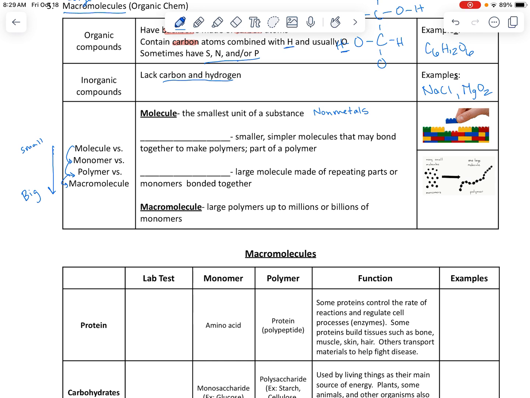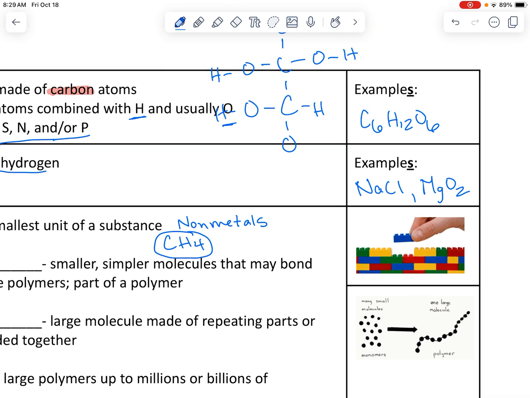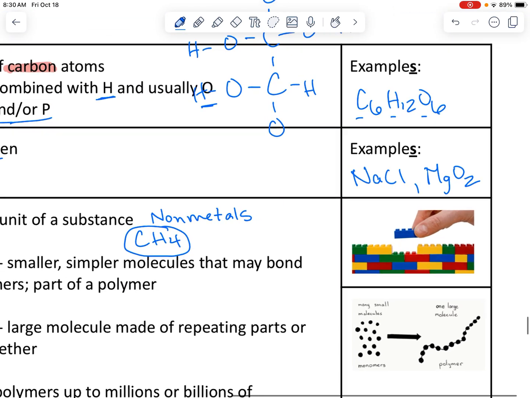So something like CH4, which is methane, that's a compound, but it's also a molecule because they are all non-metals in there, okay? If we look up here, the example I gave you is sugar, C6H12O6. That's a compound because it's made up of more than 1 element, but it's a molecule because all of those elements are non-metals, okay?